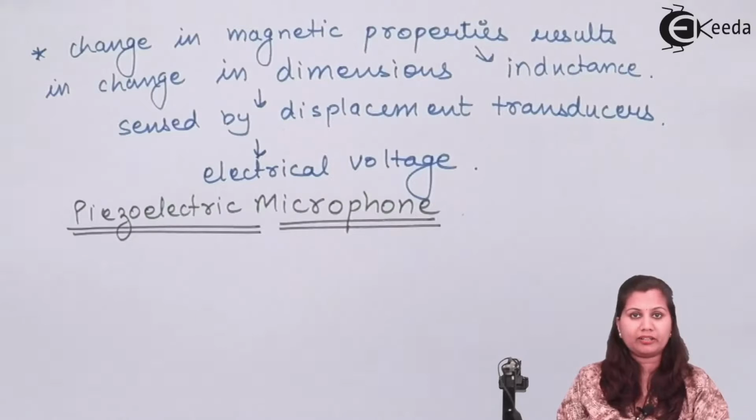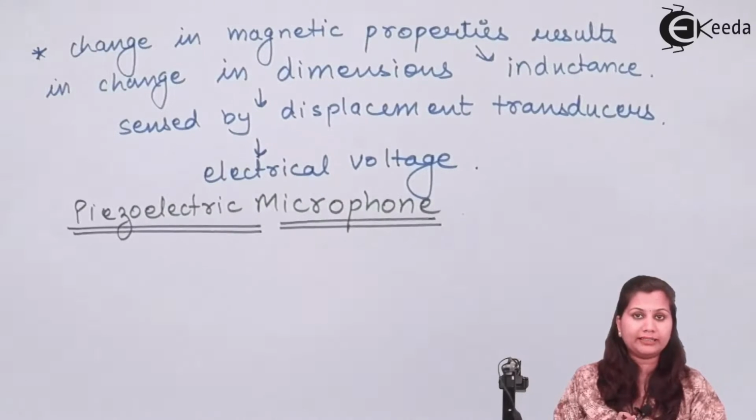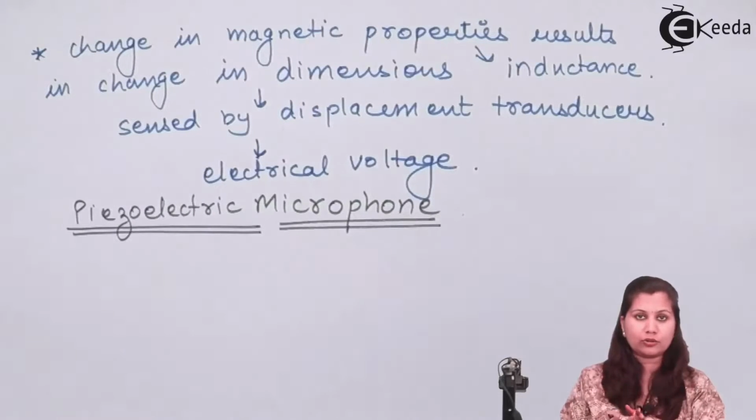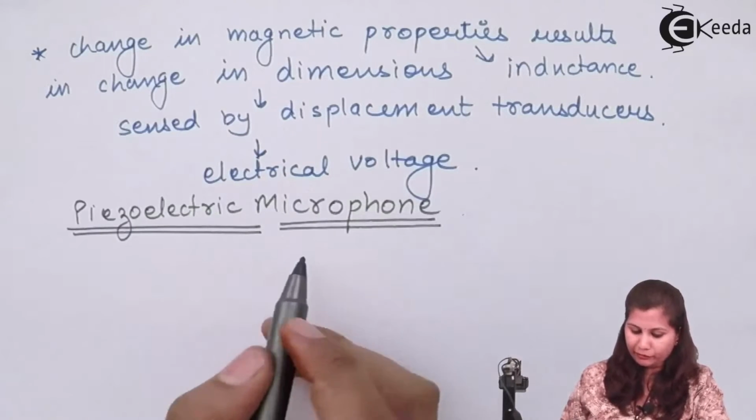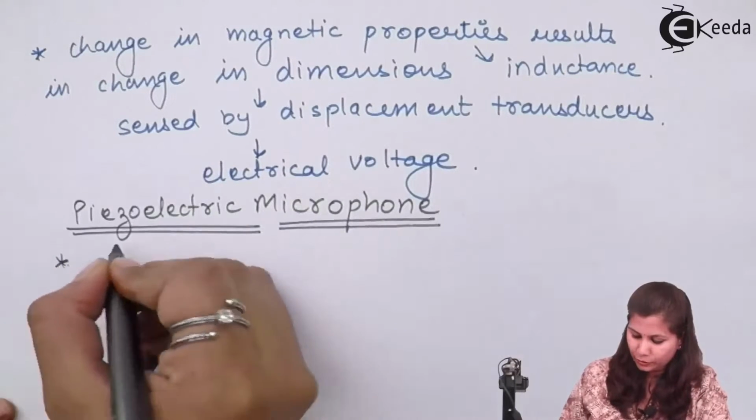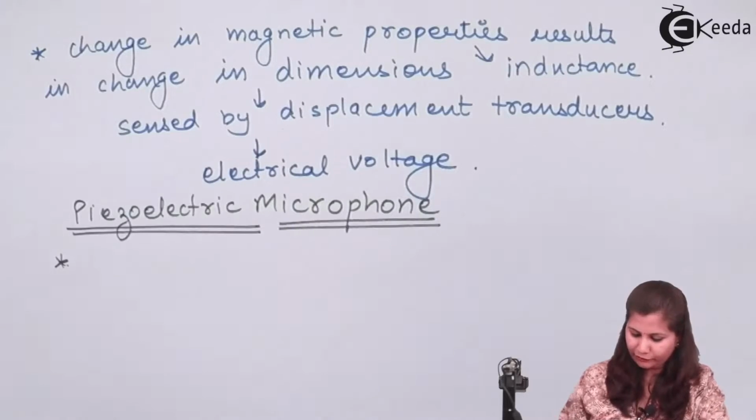And piezoelectric crystals are self-generating type transducers. They do not require any external source for their operation. Internally, they generate the voltage which is required for their operation. So piezoelectric microphones use the piezoelectric effect.